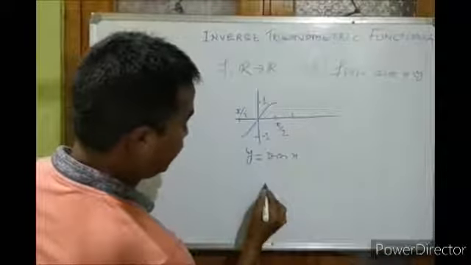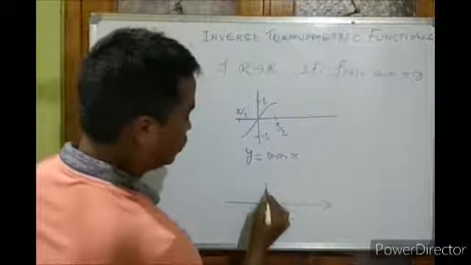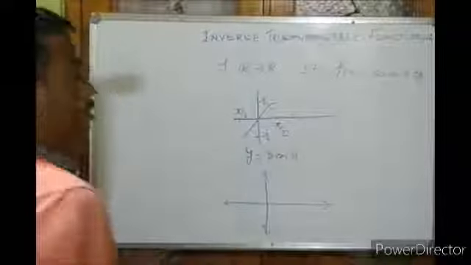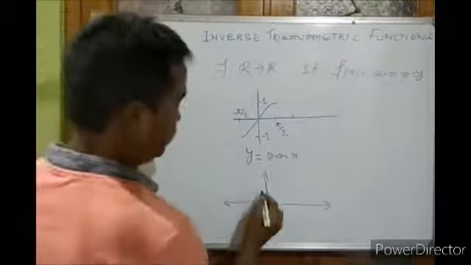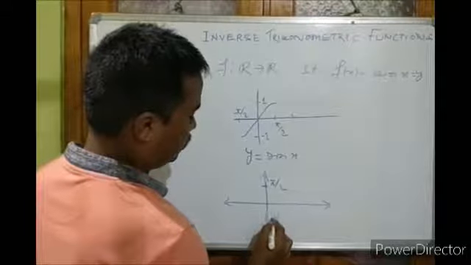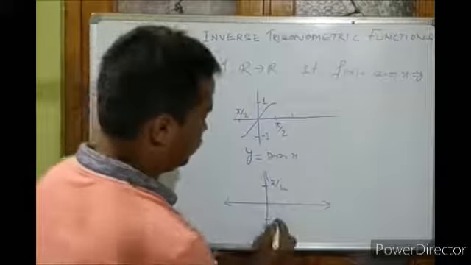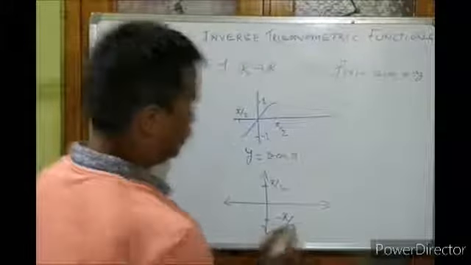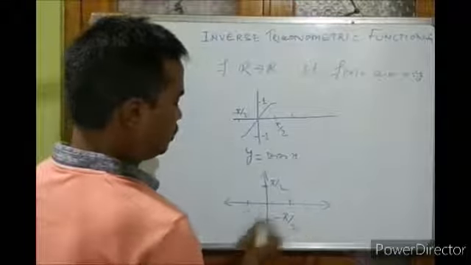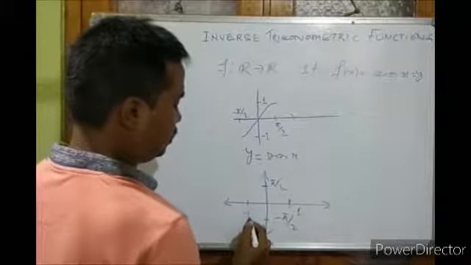Then if we change the x-axis and y-axis, x coordinate as y coordinate and y coordinate as x coordinate, then the graph becomes this one. Here it is pi by 2, minus pi by 2, minus 1 and plus 1. So here the graph goes like this.